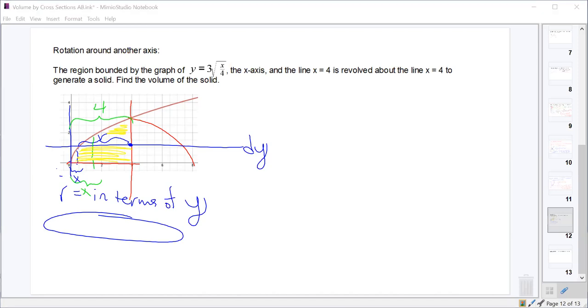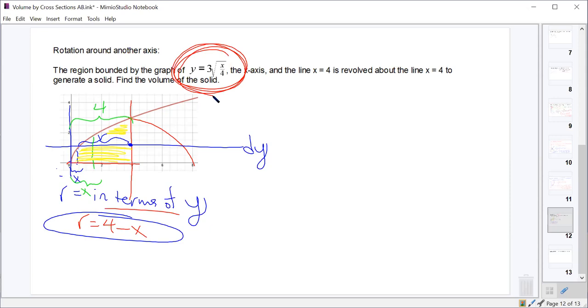So if our radius is 4 minus x, how are we going to write that in terms of y? Because that's what we said we needed, right? How do we get it in terms of y? Find what x equals and then plug that into the equation.